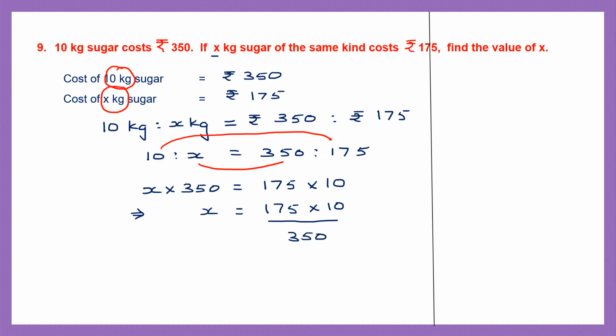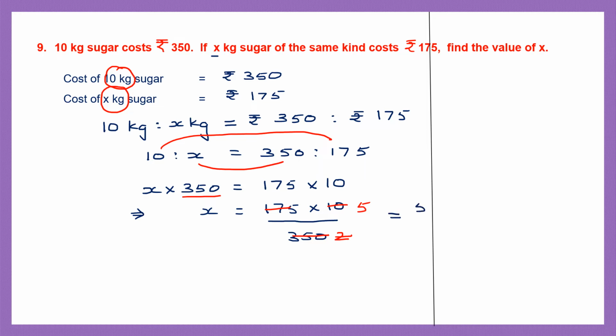We are transposing 350 from the left hand side to the right hand side. Now let's see if we can cancel something. I can cancel 175 and 350 because 175 into 2 will give me 350. So this into 2 is 350. Now I can cancel 2 and 10. 2 5s are 10.